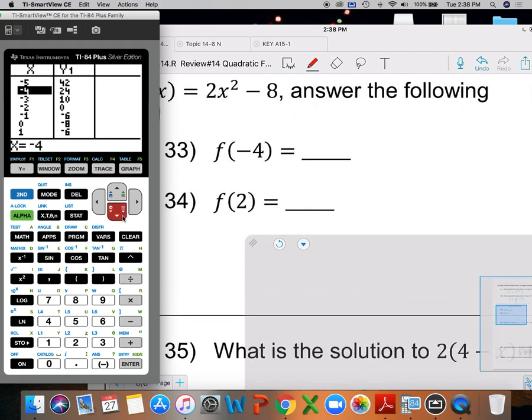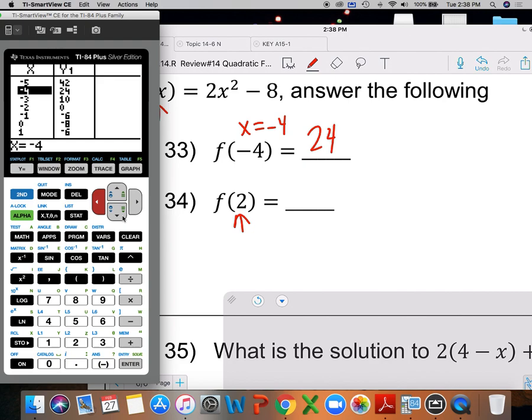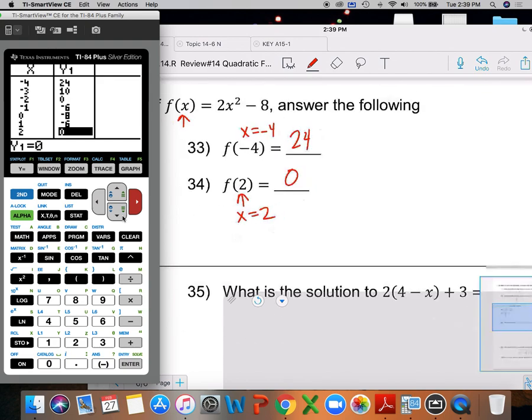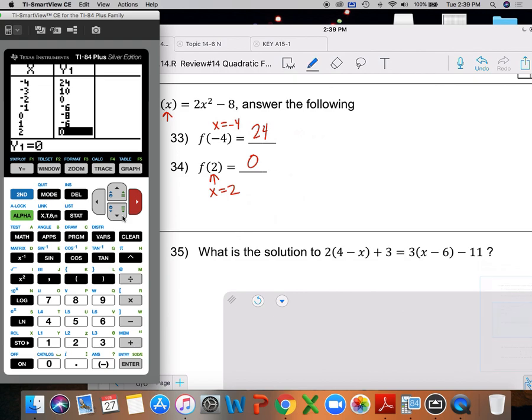Remember that x is always inside, so here they're telling us x is negative 4 and they want to know y. When x is negative 4, y is 24. 34 also has an x value. They're saying x is 2, so on my calculator, when x is 2, y is 0, which would mean that when x is 2, that is a solution to the graph.